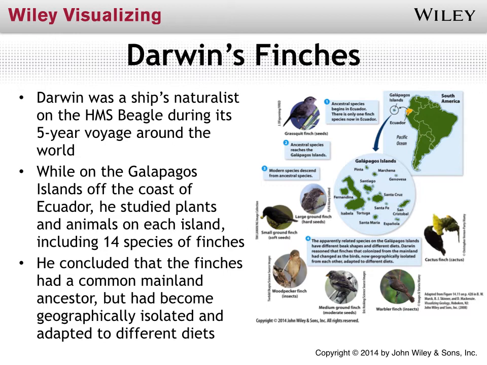At that time, it would have been the same finch. But as those islands got farther apart and more isolated, those finches, because they were exposed to different climates based on whether some were farther north or south, and different vegetation that evolved on those islands, were required to either adapt to those conditions or go extinct.